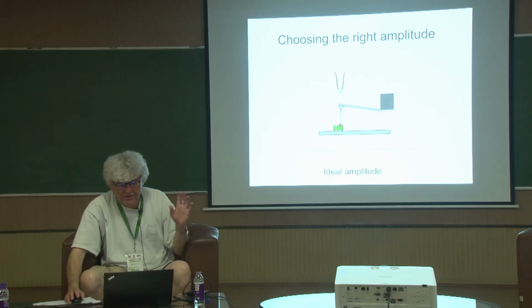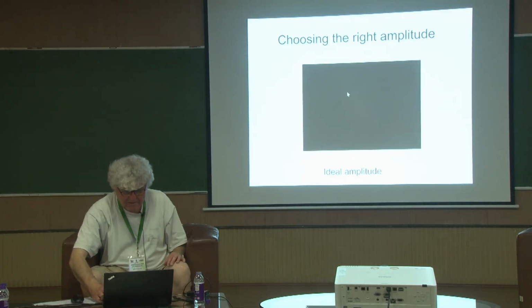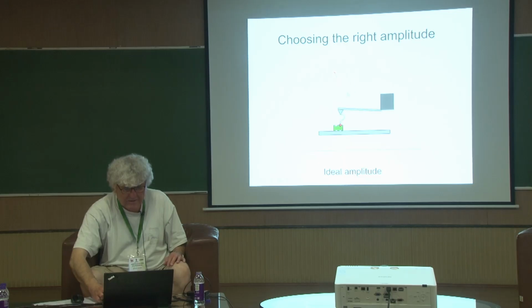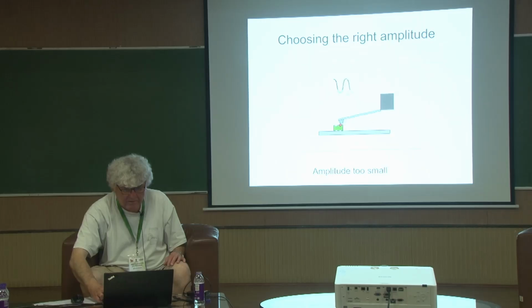Then it's also important to choose the right amplitude. This is the right amplitude, where you see both topography and recognition signals. Sorry. So again, this is the ideal amplitude.